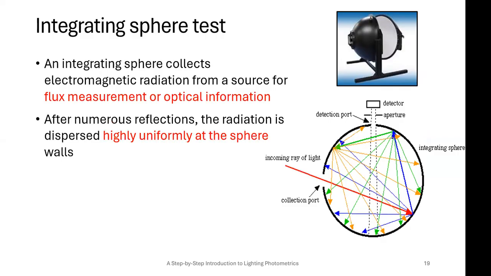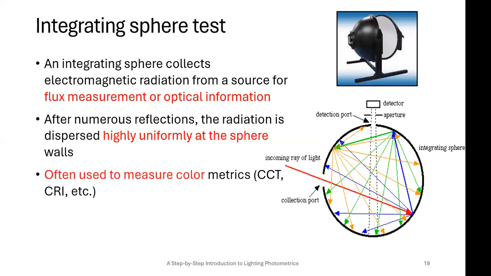And then after numerous reflections, the radiation is dispersed highly uniformly at the sphere walls, often used to measure color metrics. So many times we'll put a luminaire onto the goniophotometer, but the color is a little bit more accurate with a sphere. So such as CCT, CRI, TM30, so forth, measurements that we talked about.